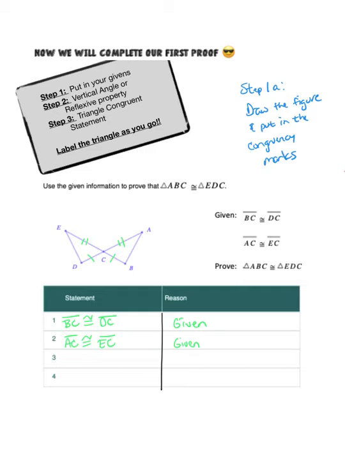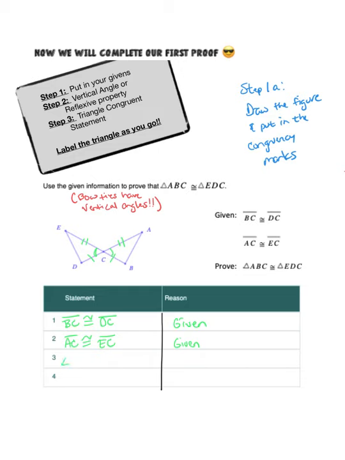Now, I've got to think, I've got to apply everything I know. Okay, that's a bow tie. Ooh, I remember something. Bow ties have vertical angles. So that means this angle is congruent to this angle.